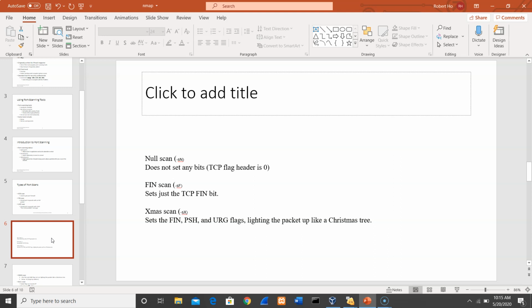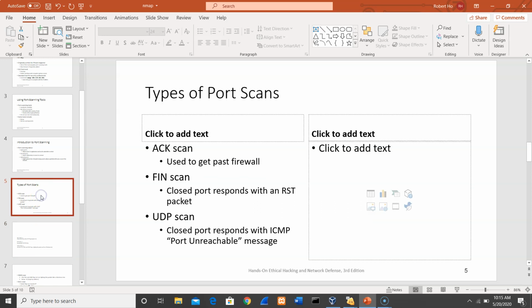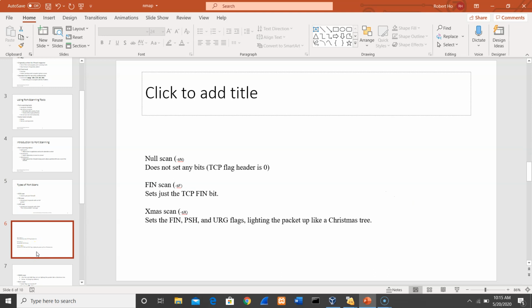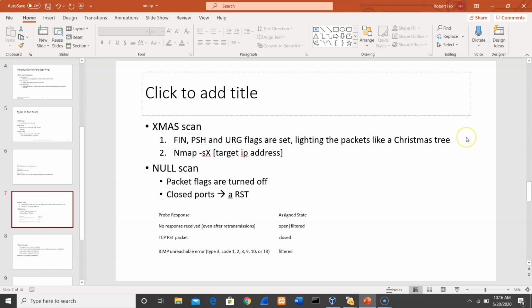So these are some of the most popular ones: null scan, FIN scan, Christmas scan. Earlier on the slide, this is also popular. Students may have to do some experiments to get familiar with Nmap. So let's talk about the Christmas scan here. Basically, the FIN, PSH, and URG flags are set.